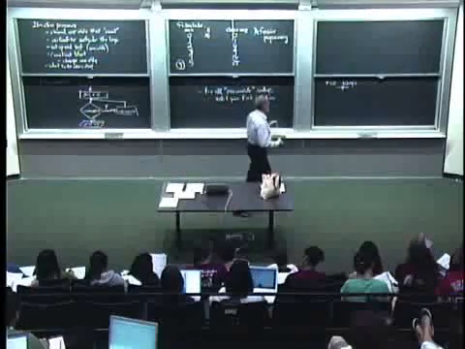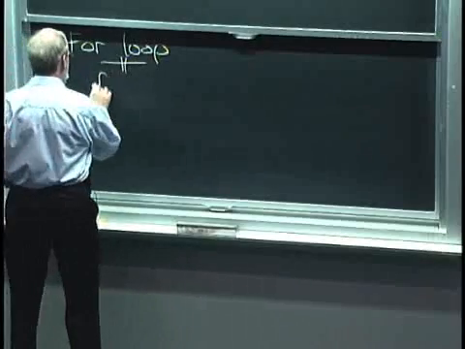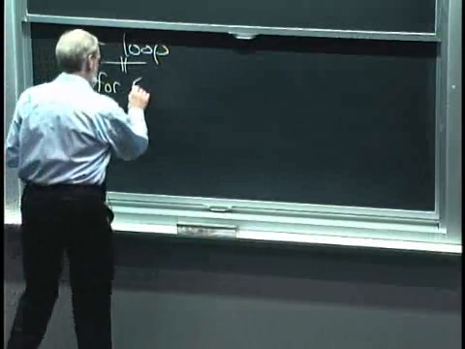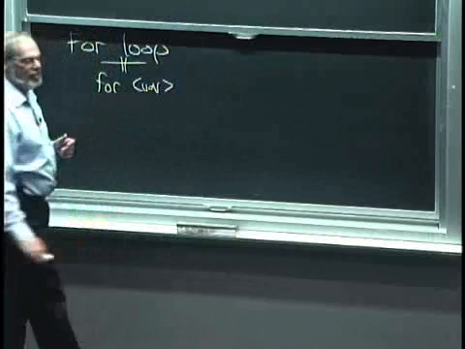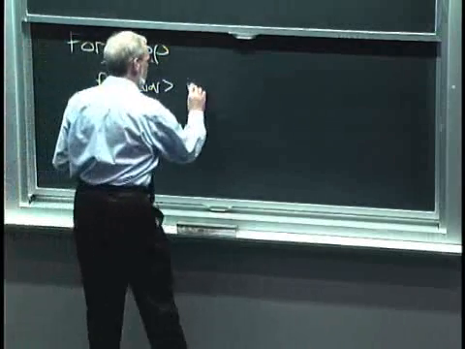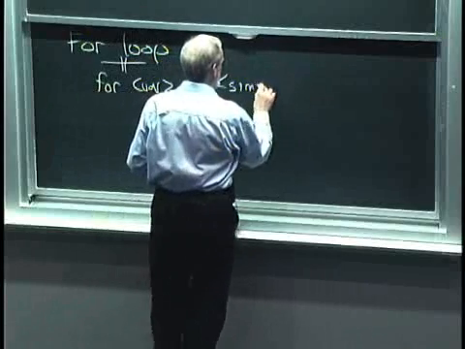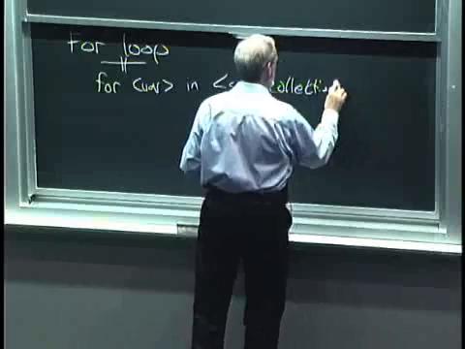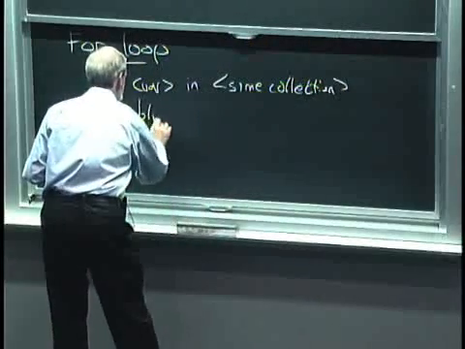In fact, Professor Guttag is going to pick this up in a couple of lectures, but we can talk right now about the basic form. The form of a for loop says for, and I'm going to put little angle braces in here again to say for some variable, like a name I want to get to it, in some collection, and then I have a block of code.